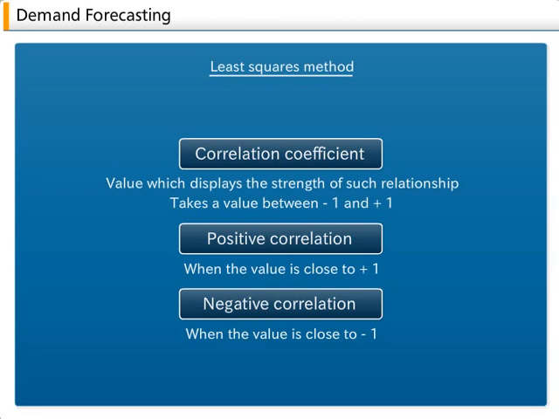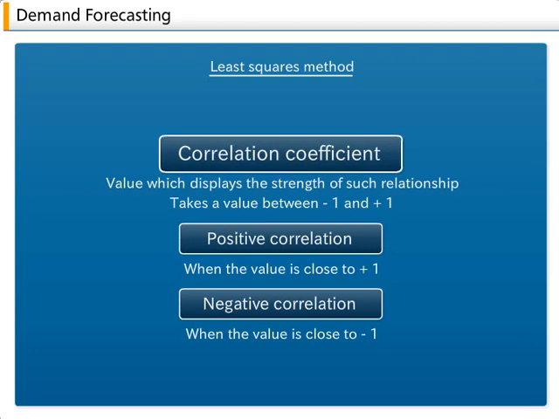Two, least squares method. When there is any relationship between two variables, a value which displays the strength of such relationship is called a correlation coefficient.